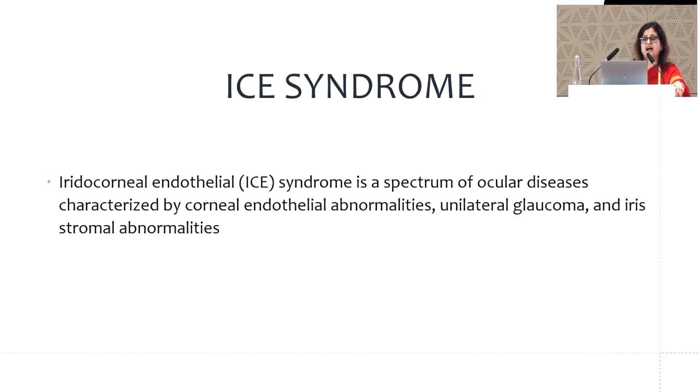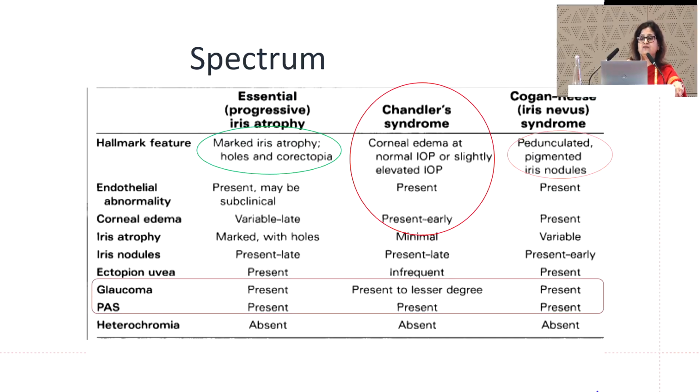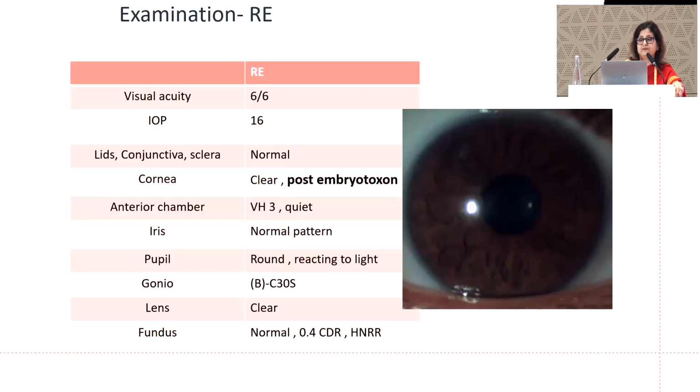Another common condition is ICE syndrome, and we know it's a spectrum of diseases characterized by corneal endothelial abnormalities. We see all kinds of disease in the spectrum, and in India we see a lot of essential iris atrophy.